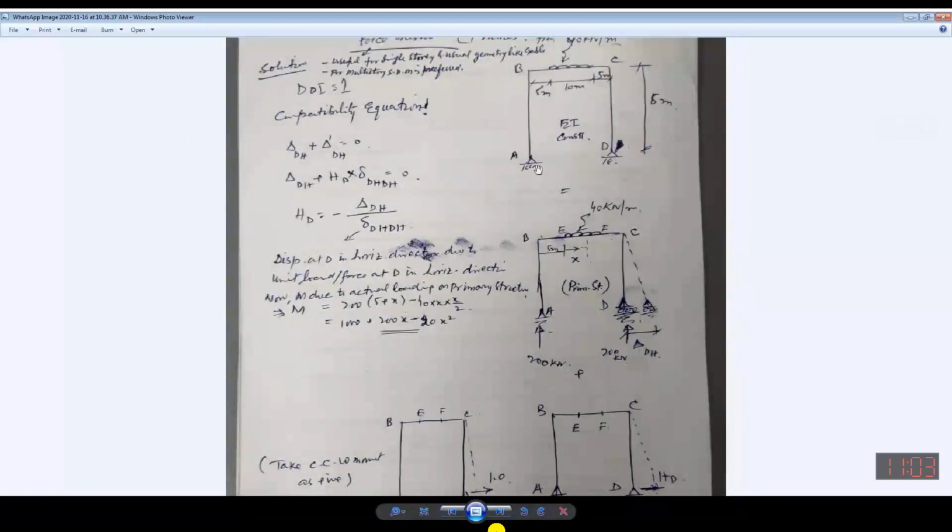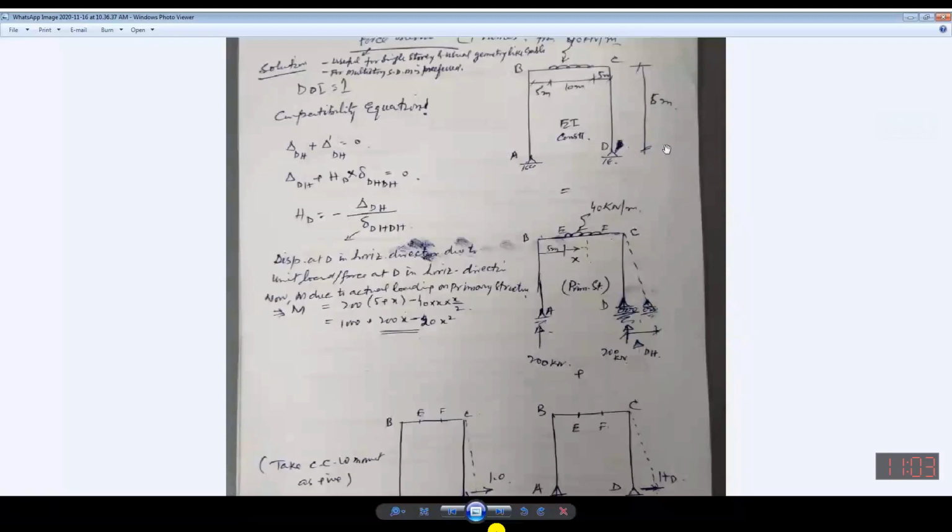So it is this one. It will also be directed rightward at point A. At point A, it will be 157 rightward; at point D, it will be leftward. So it has become determinate, and the whole structure has been analyzed.